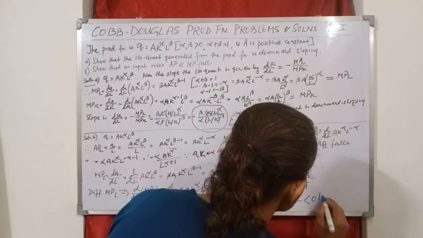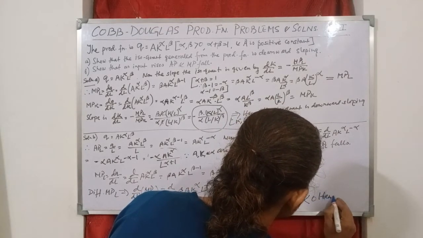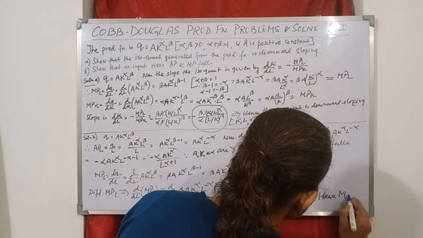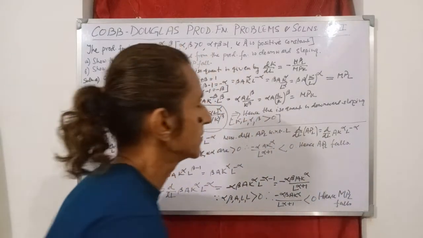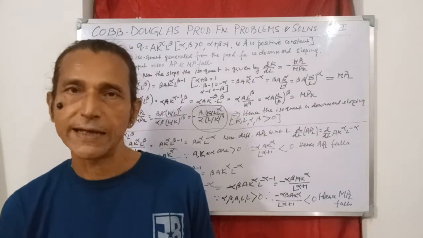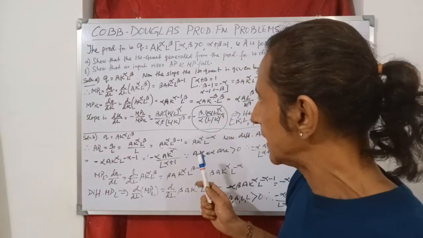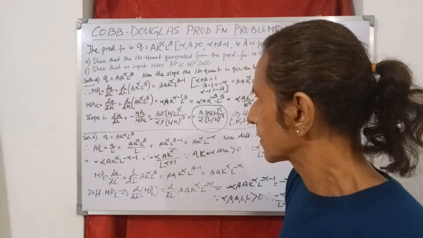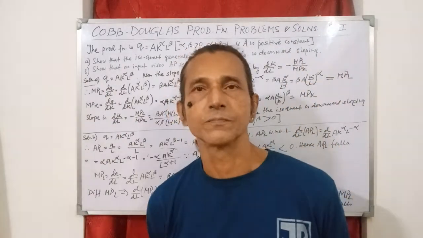Hence MPL falls as input L rises, that is labor rises. So we have proved that as L rises, APL and MPL both fall, come down.